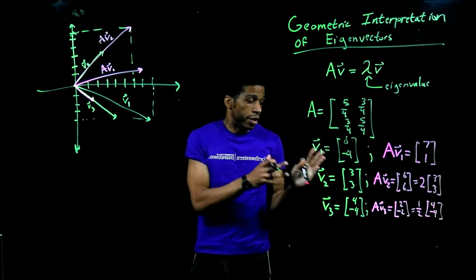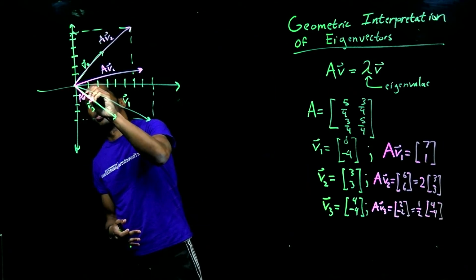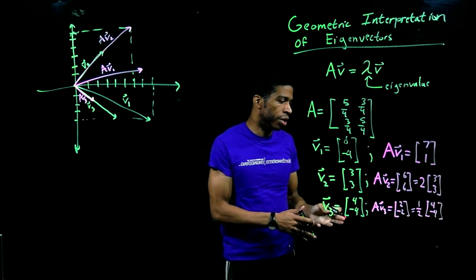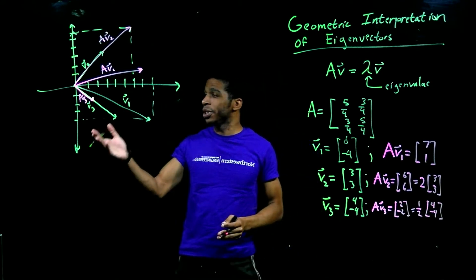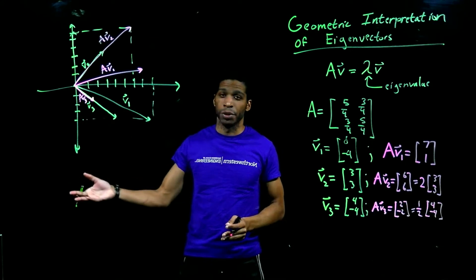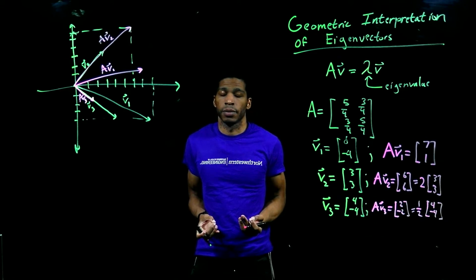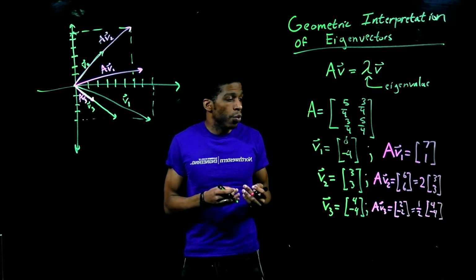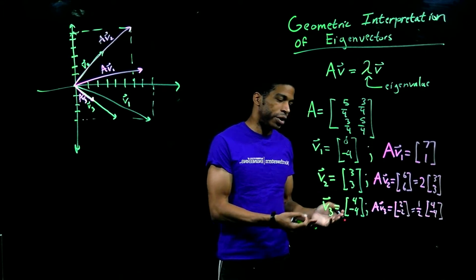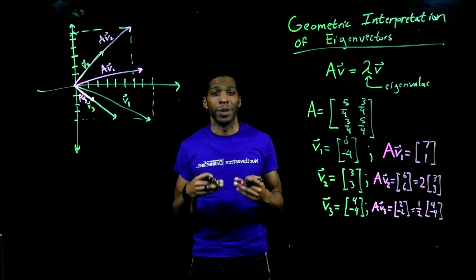And that should be AV3. And just like we expect, the vector does not rotate, but is only cut in half. So it shrinks by a factor of 1/2. So we can see that eigenvectors for sure do not rotate when you apply the matrix A.